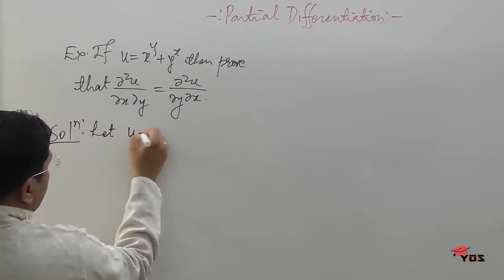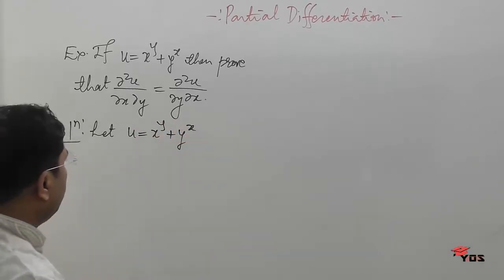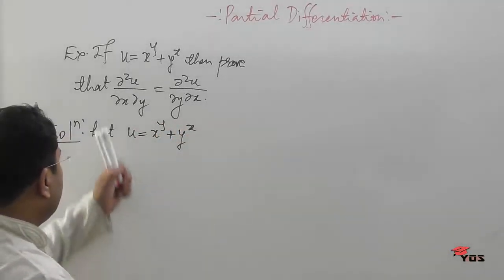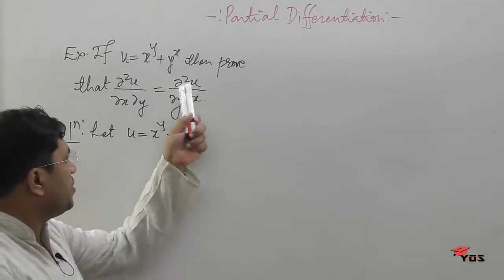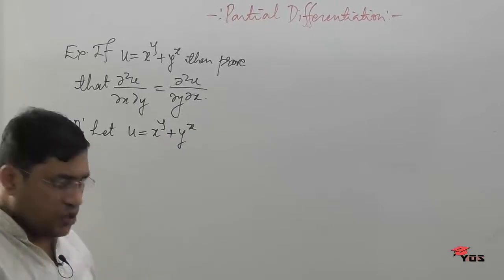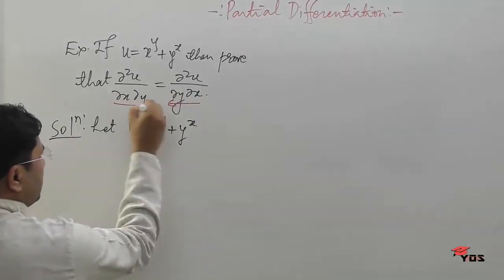Let u is equal to x raised to y plus y raised to x. Now we have to prove that ∂²u/∂x∂y is equal to ∂²u/∂y∂x. So what we have to do is find the derivative in this direction.